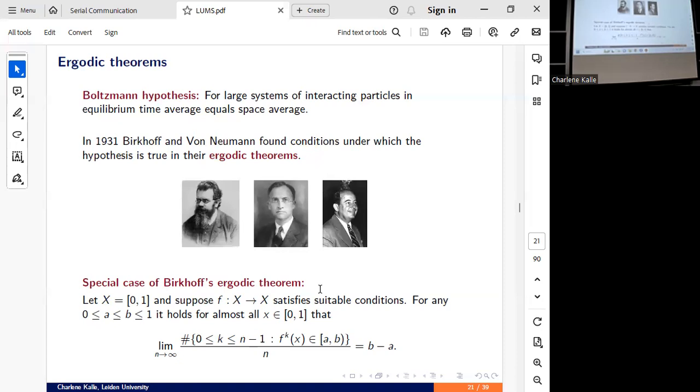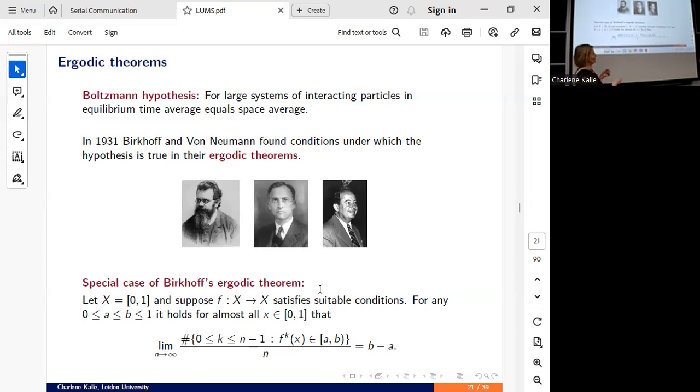If we send n to infinity, we get the proportion of time that the orbit spends in the interval over all of time. The conclusion of the Birkhoff ergodic theorem says that this proportion is equal to the length of the interval. So the proportion of time the orbit spends in a certain interval is equal to the length of the interval.